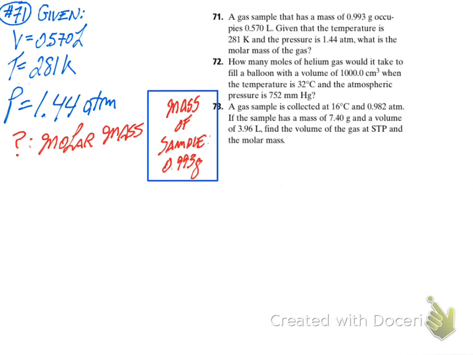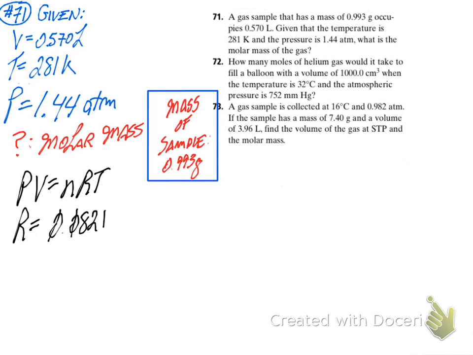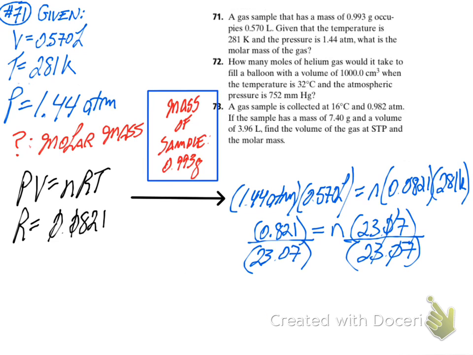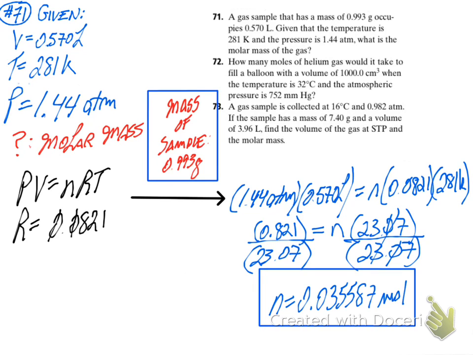Let's figure out the actual number of moles of this sample using the ideal gas law. We're going to use PV equals nRT, and because the pressure is in atmospheres, we can use the R value of 0.0821. Tomorrow's test will involve all problems with the pressure in atmospheres, so you'll use 0.0821, which will be provided for you.